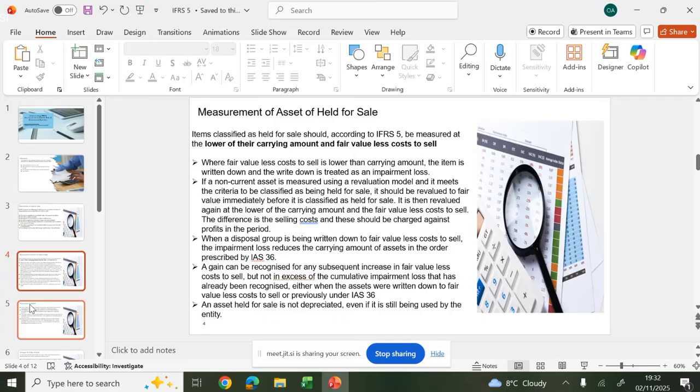If a non-current asset is measured using the revaluation model and it meets the criteria to be classified as held for sale, it should be revalued to fair value immediately before it is classified as held for sale.